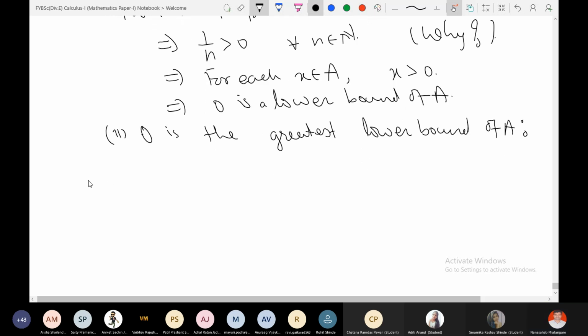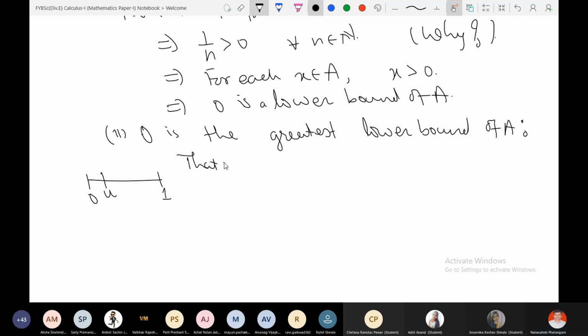If you see, 0 is here, 0 is not a member of the set, right? 1 is here and 1 is a member of the set. So how to prove that 0 is the greatest lower bound? 0 is a lower bound, that is clear. But 0 is the greatest among all lower bounds, right?